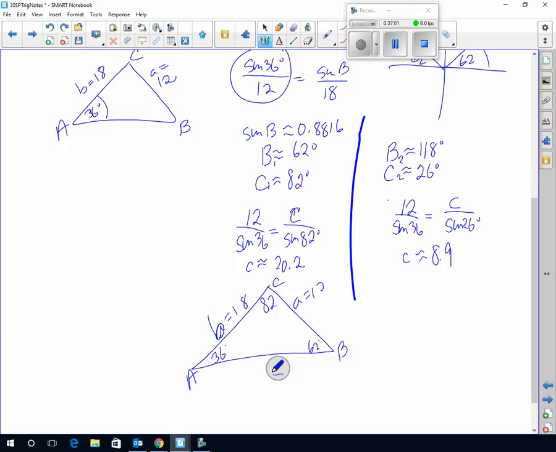And then this triangle over here, because I got that there's a second triangle, this A is 36, but this time B we said was 118. That does not look like a 118 degree triangle, so I'll redraw it.